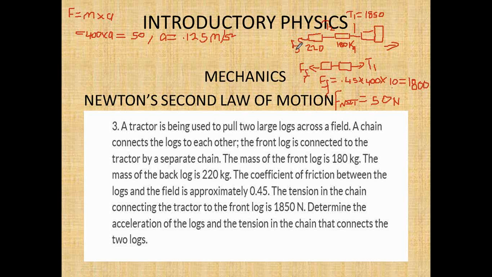And then the tension T2 pulling it forward. Those are the two forces acting on the backlog. The tension that developed in this is going to pull it forward and the frictional force is going to pull it backwards. So the net force acting on the backlog is going to be T2 minus the frictional force.